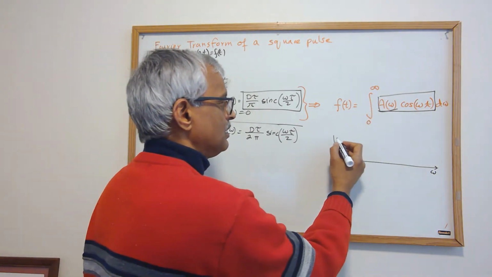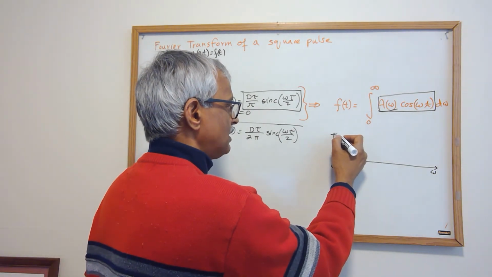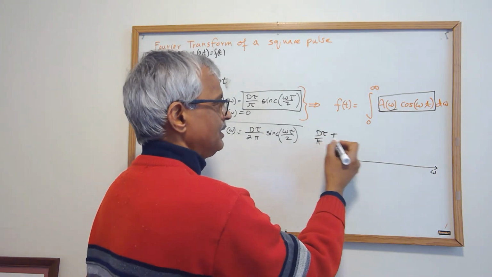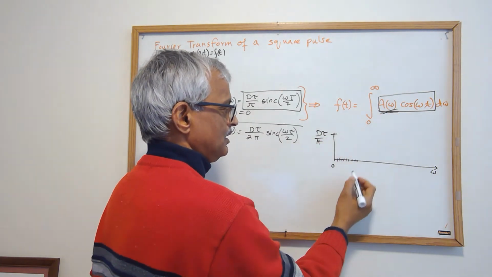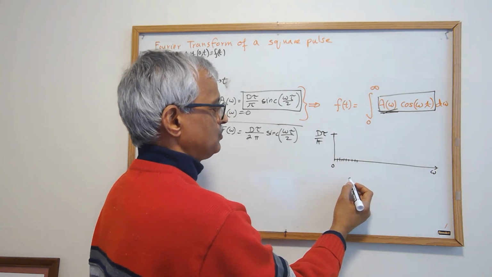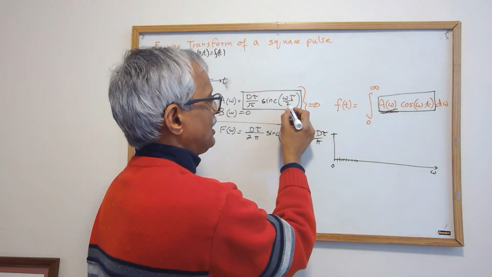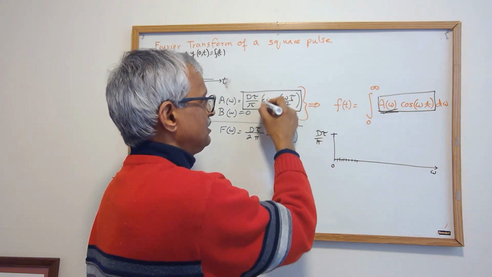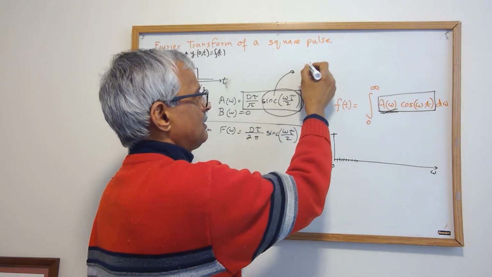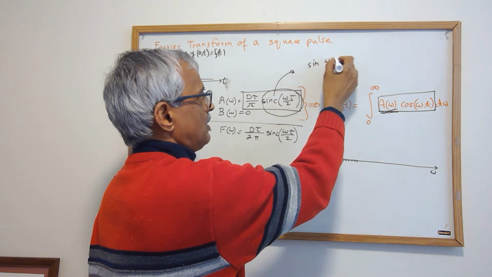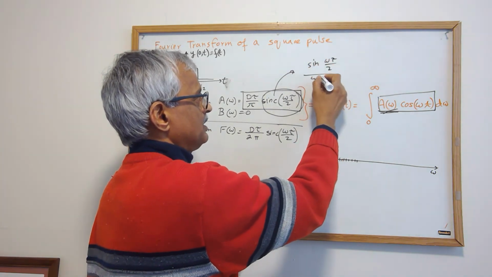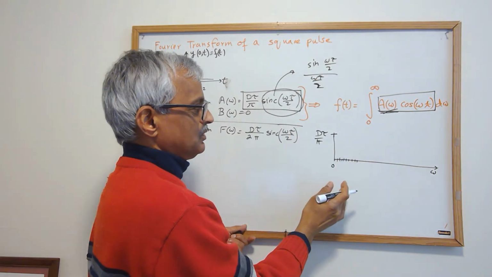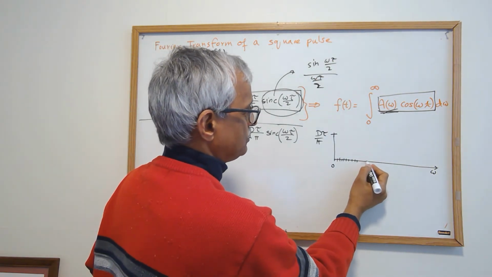So A omega starts out with d tau over pi, and it goes to 0 when this is 0. If you look at this, it is sine of omega tau over 2, over omega tau over 2. Well, whenever sine is 0, it's going to be 0. So over here it is going to be 0.